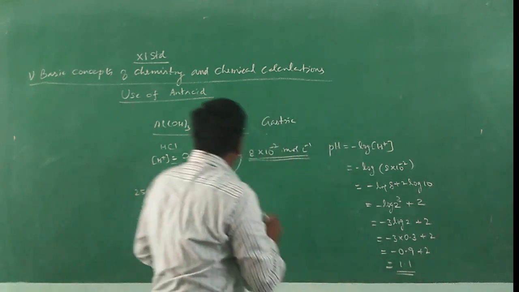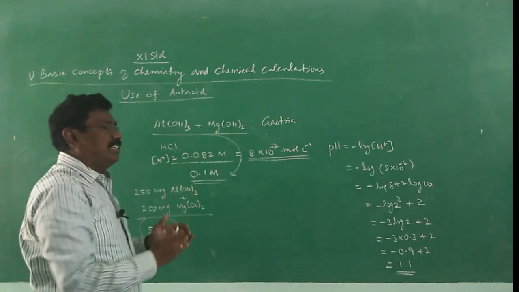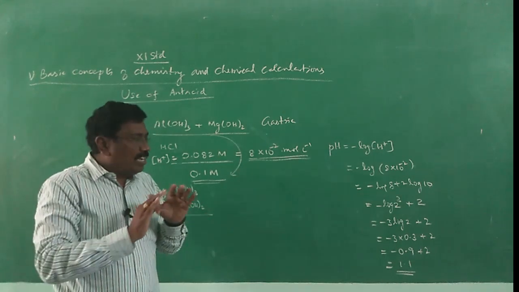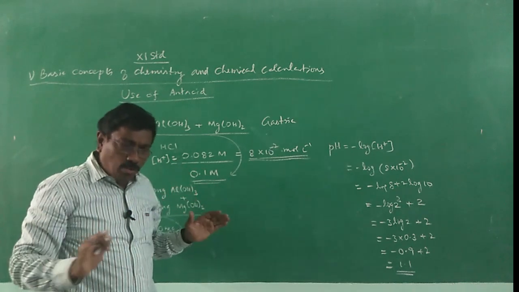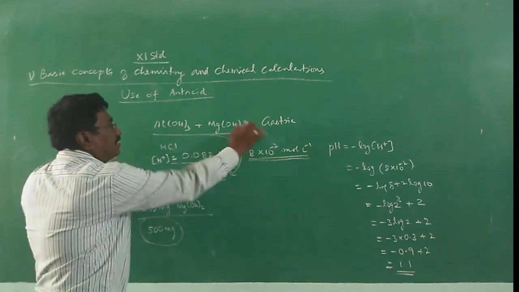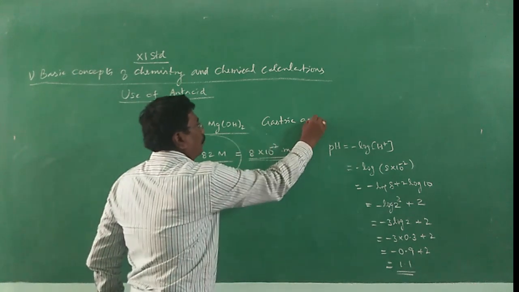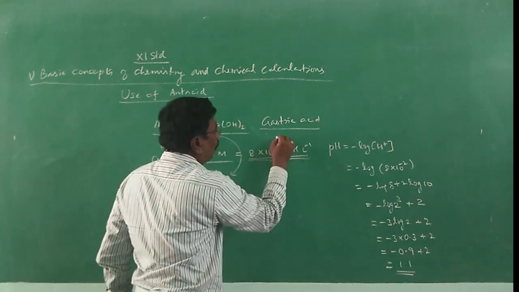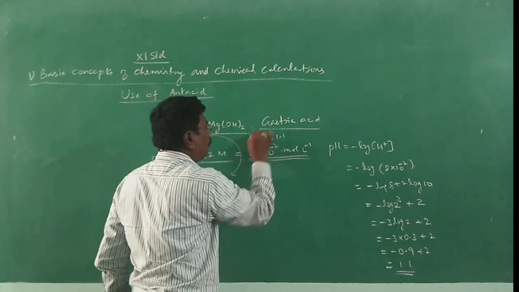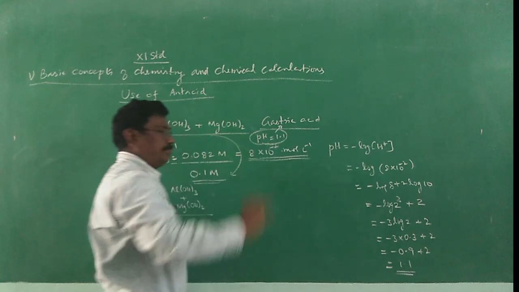So the pH of usual gastric acid in our stomach, when I am normal, when I don't feel any heartburn, when I feel no acidity, is found to be usually 1.1. pH is equal to 1.1 for gastric acid.